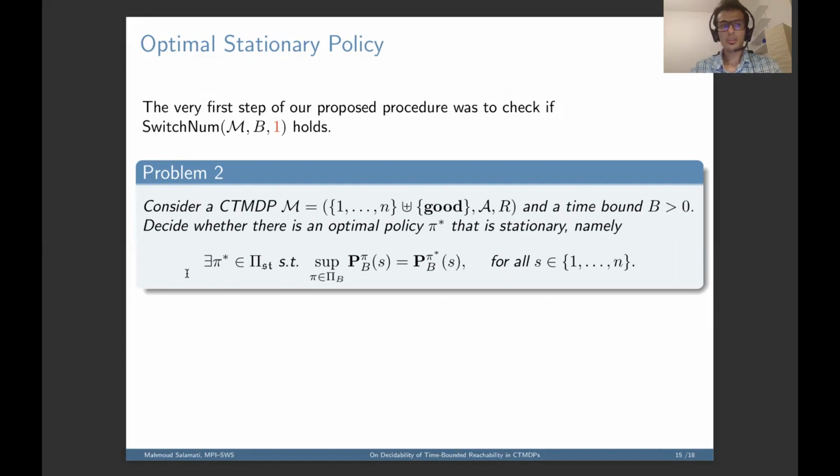And we already know that answering problem 2 is possible by invoking Schanuel's conjecture.